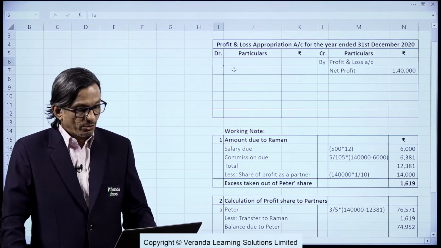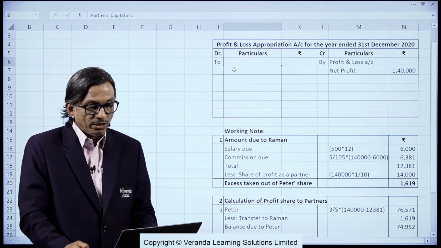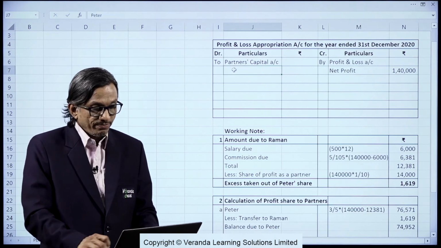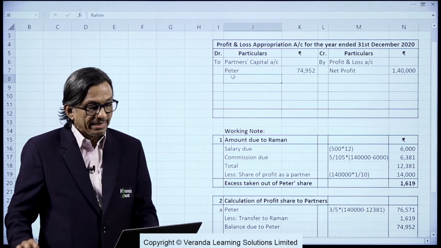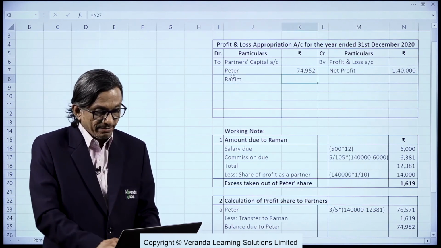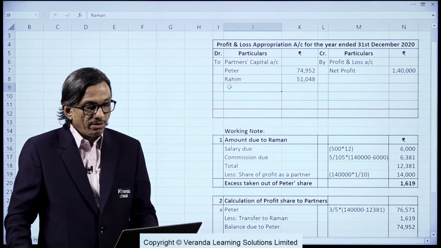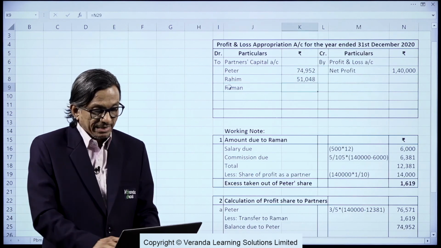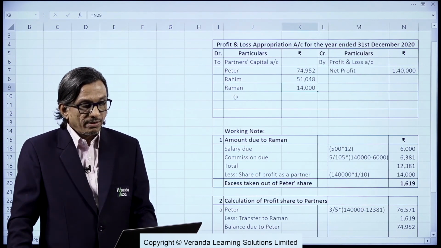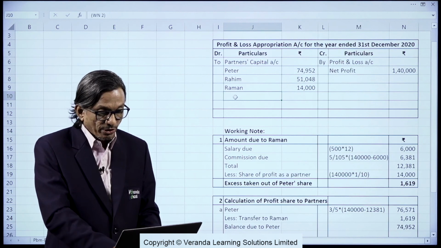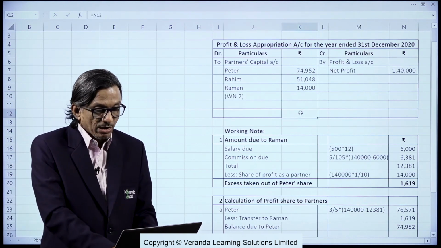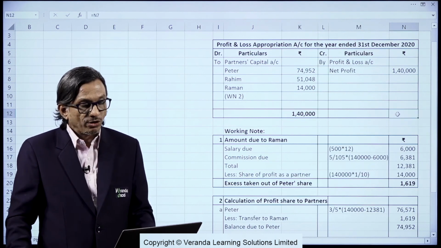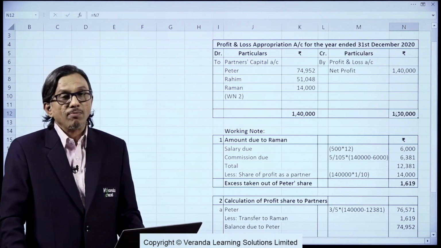So here we have to show how much Peter gets, how much Rahim gets, and how much Raman gets. Calculation is already done, so we are simply copying down from the calculation. Peter gets 74,952, Rahim gets 51,048, Raman gets 14,000. That's it. That is how the total profit of 1,40,000 is distributed among the partners.